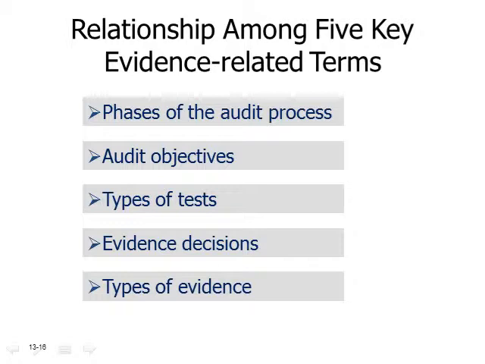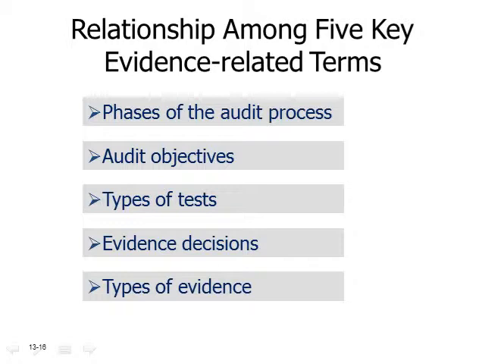And then again, related to each of these phases and audit objectives become the types of tests we talked about. So are we using analytical procedures? Are we testing for details of balances? Are we testing for details, substantive tests of transactions? Are we performing procedures to obtain an understanding and test of internal controls?